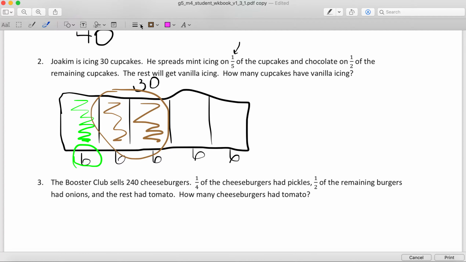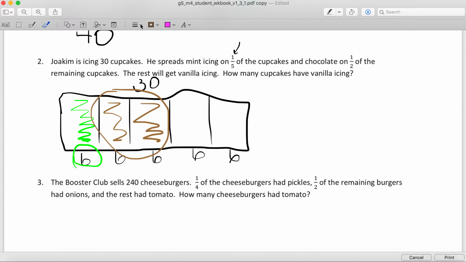So red is going to represent our onions today. Okay, so I'm taking 3. Well, I don't know how many burgers were in each one. Slow down. Well, if I divided 60 in half, then what's in each of these little parts? There are 30.